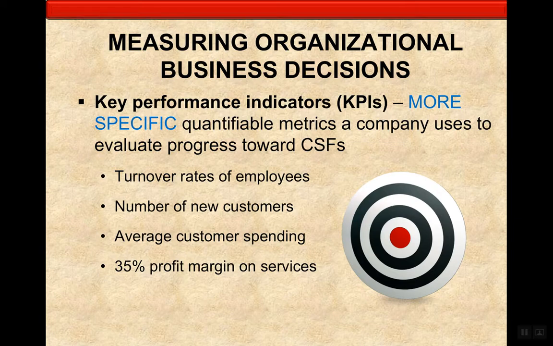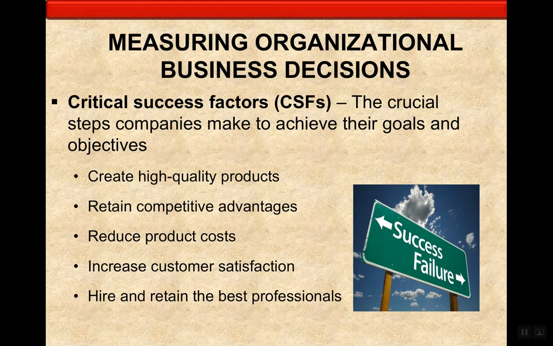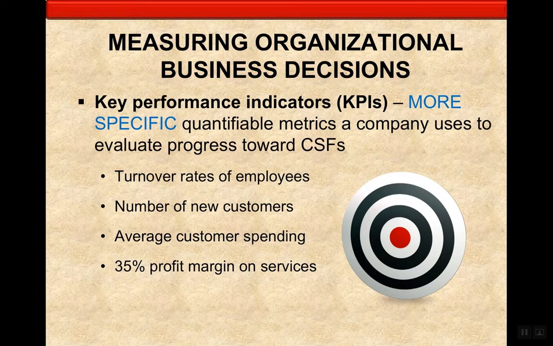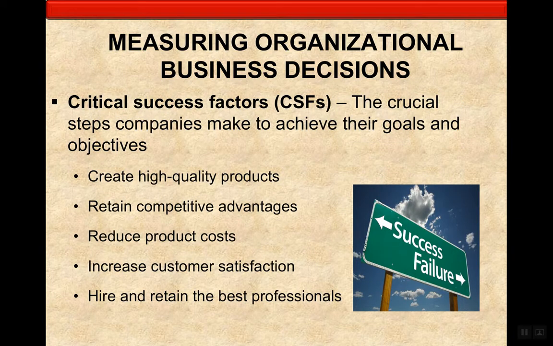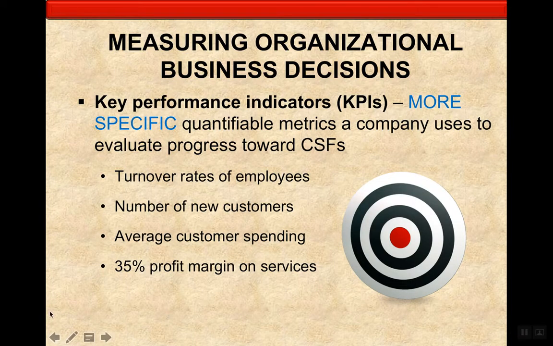These critical success factors are fairly high level. Key performance indicators are really where we target the quantifiable stuff. They are more specific quantifiable metrics a company uses to evaluate progress. So if we have, for example, hire and retain the best professionals as a critical success factor, we will evaluate the turnover rate of new employees.